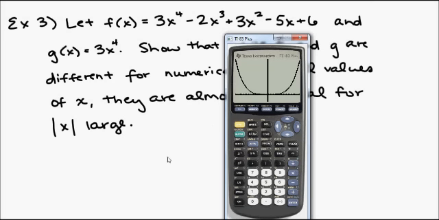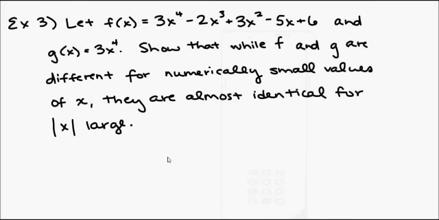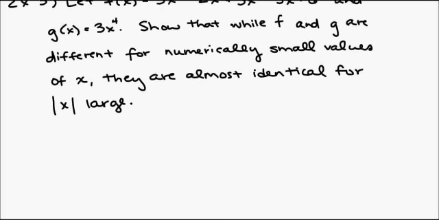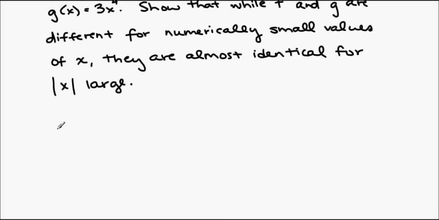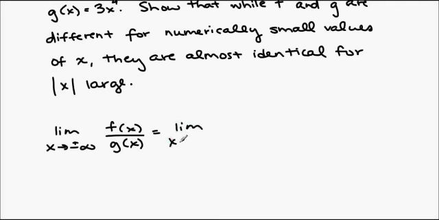If we wanted to confirm this analytically, we can. So analytically, or algebraically, the limit as x approaches plus or minus infinity of f of x divided by g of x equals, we're going to write the actual equations in here.